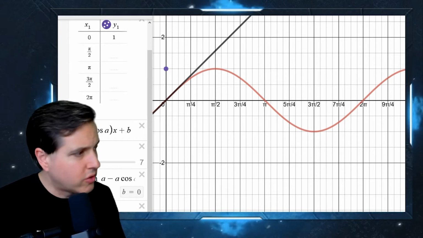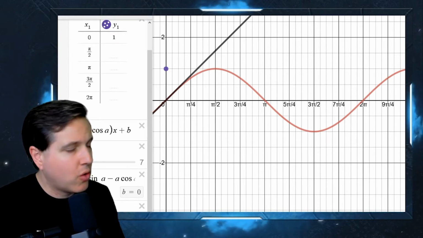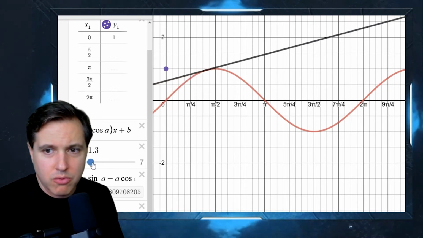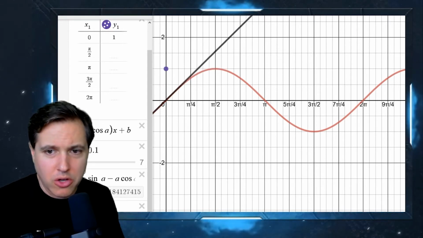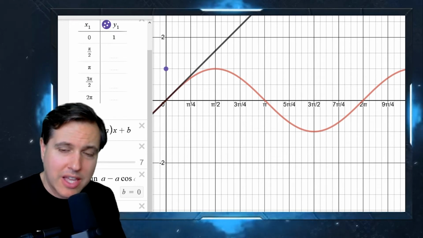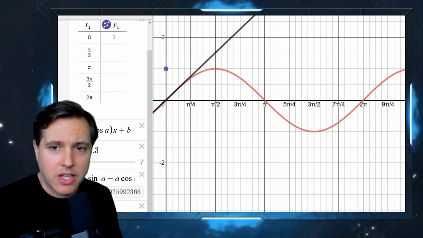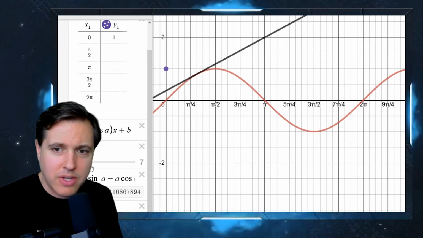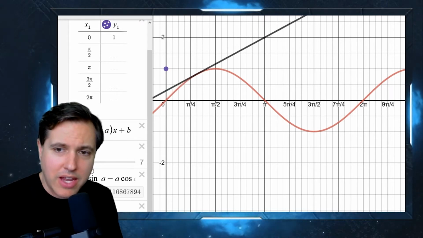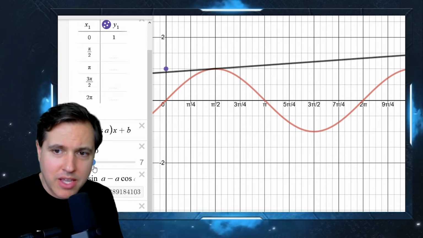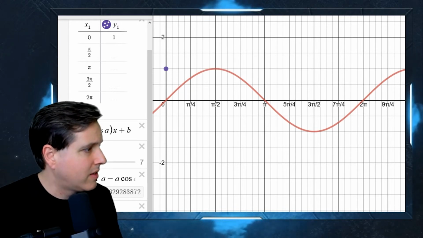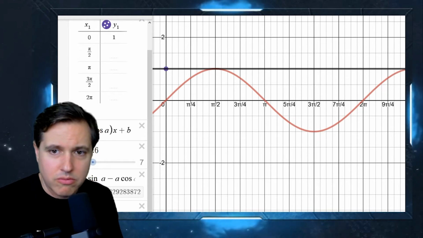Okay, so then what are those tangent lines doing? We want to take a look at what that tangent line is doing as we move forward, going this way. We said that tangent line slope is 1 originally, but what's it doing? It looks like it's decreasing as it approaches the top of that hill, and then at the top of the hill that line should be right at 0, right?